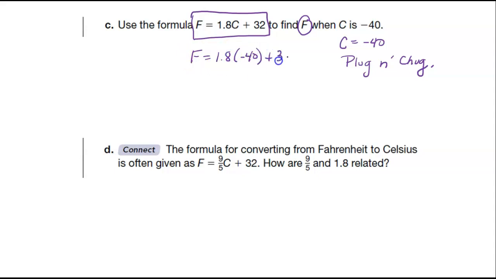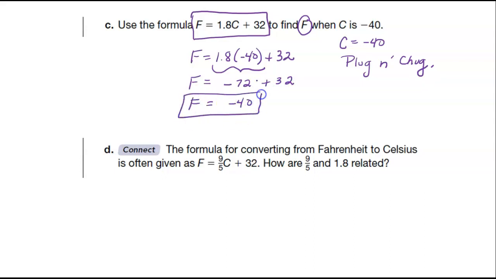This is the conversion formula for Celsius to Fahrenheit. So F is equal to, I'm going to go ahead and multiply this. 1.8 times negative 40 is going to give me negative 72, plus 32. So F is equal to negative 40. For real, for real? For real, for real.